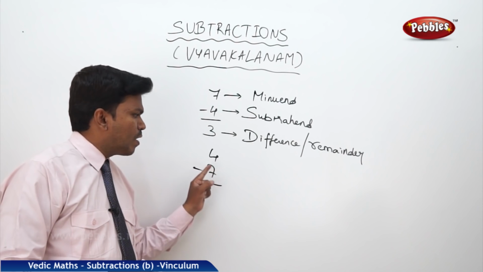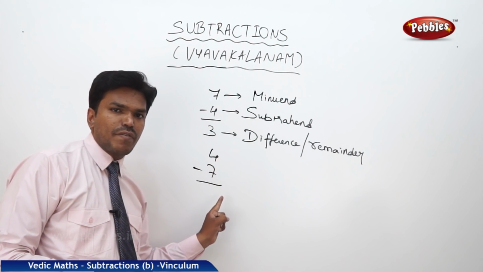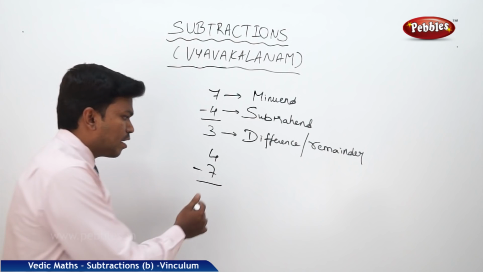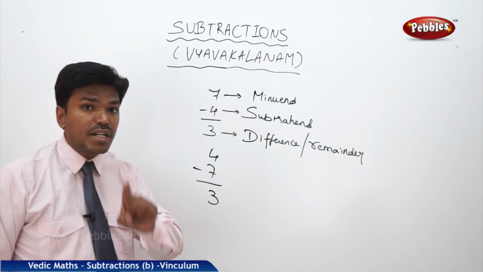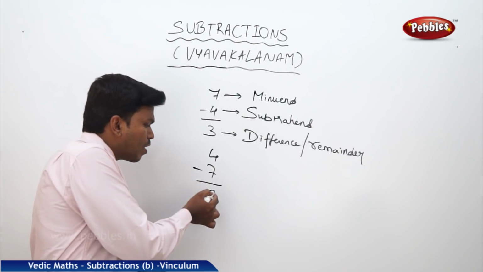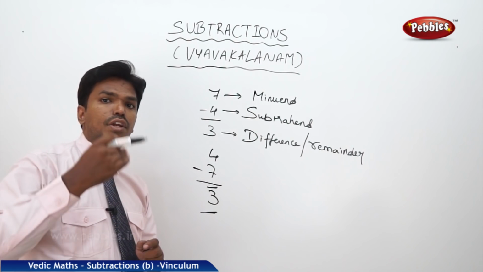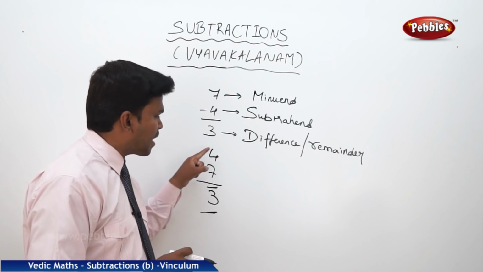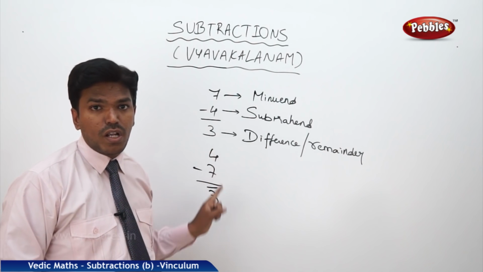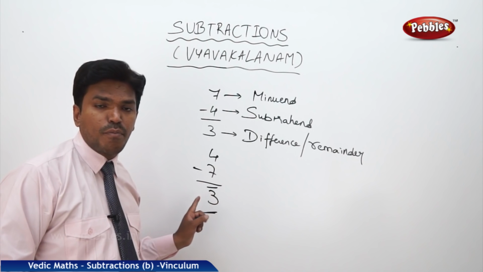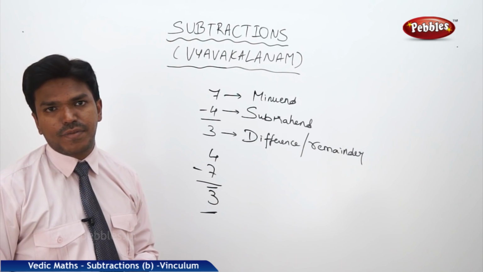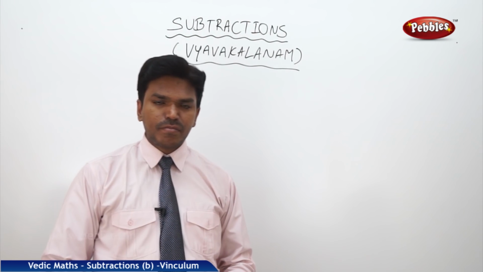That means we are going to subtract the 4 from 7, which is the subtrahend, and we are going to write the answer as 3, but along with 3 we are going to put a bar on it. Why? Because we did the negative subtraction. So 7 minus 4 in the negative sense, the result is 3, but with a bar on it, that is 3 bar. Right? Fine.